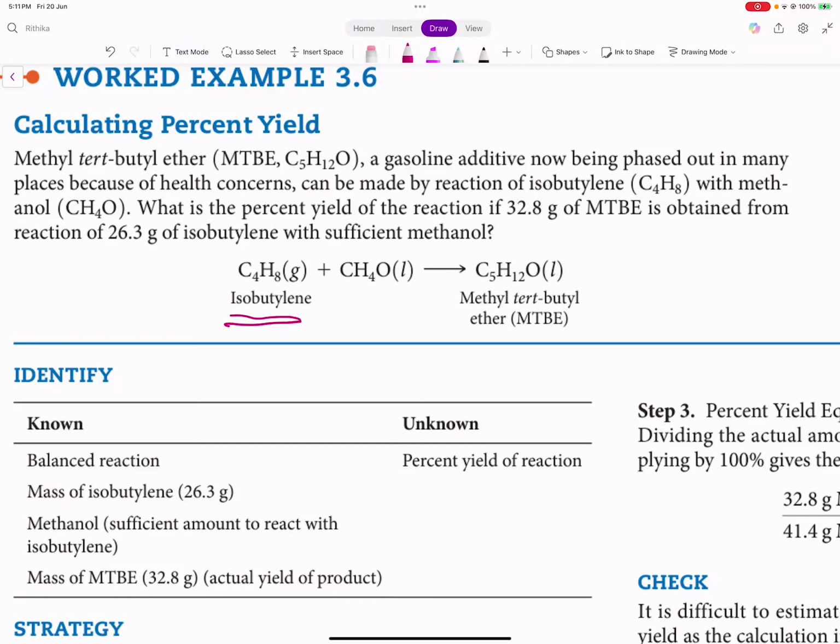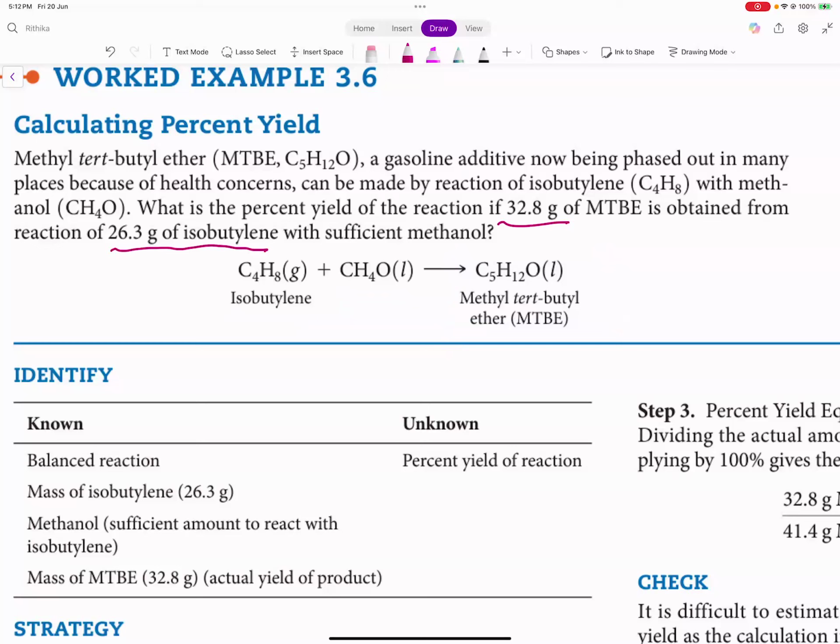We take isobutylene, C4H8, and we treat it with methanol, and this reaction gives me methyl tertiary butyl ether, MTBE. Now they have asked: what is the percentage yield of the reaction if 32.8 gram of MTBE is obtained from reaction of 26.3 gram of isobutylene with sufficient methanol?